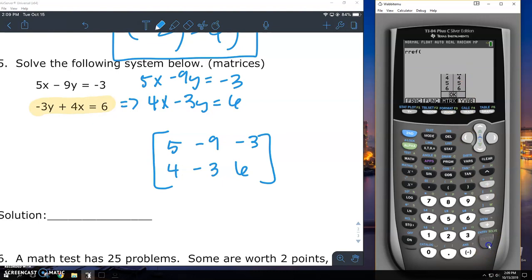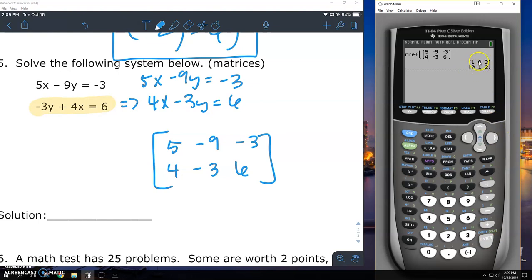So 2 by 3, and I'm going to select that and type it in. So 5, -9, -3, and the bottom row I'm typing in 4, -3, and 6.